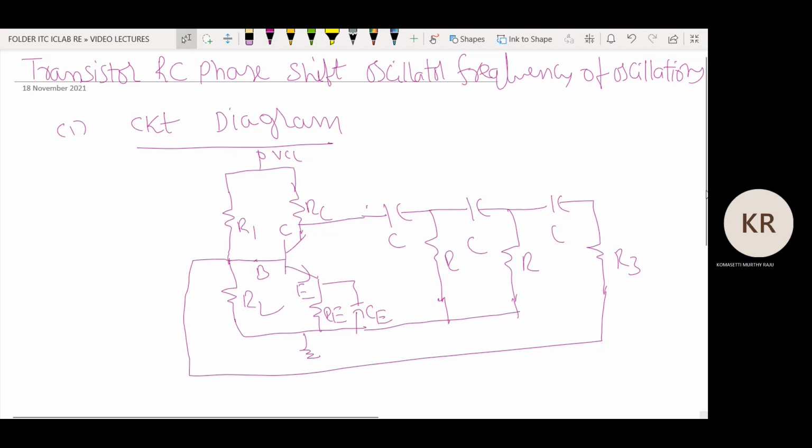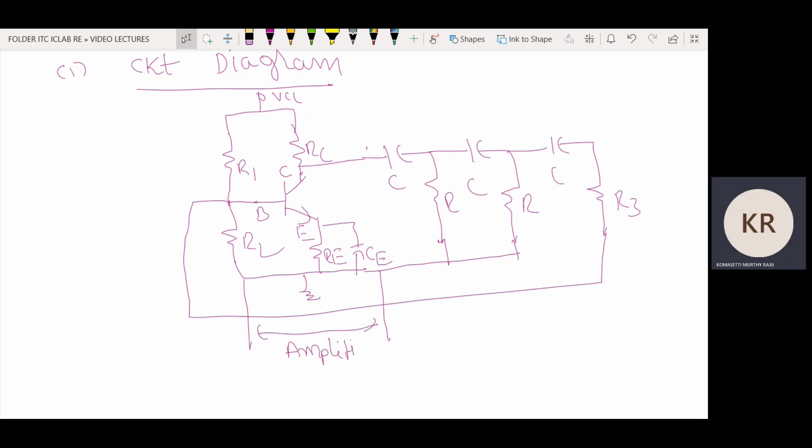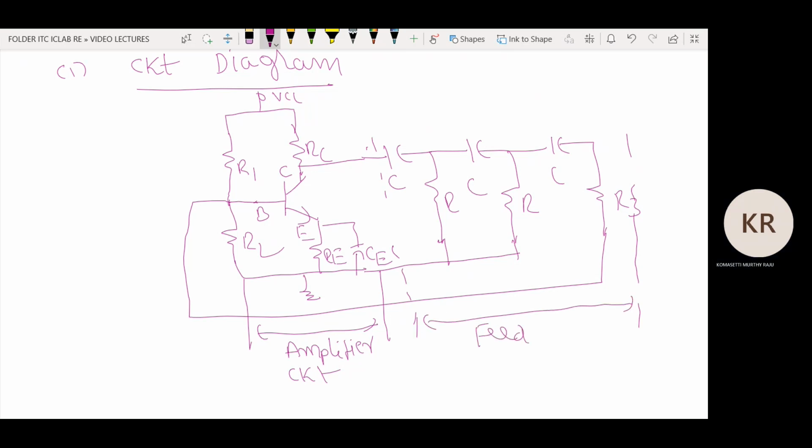Up to this one is the amplifier circuit, and this one to here is the feedback network.